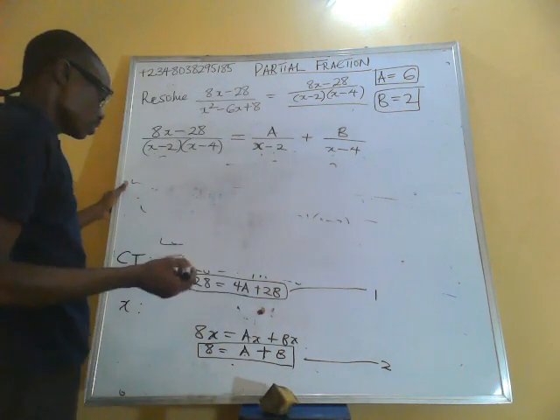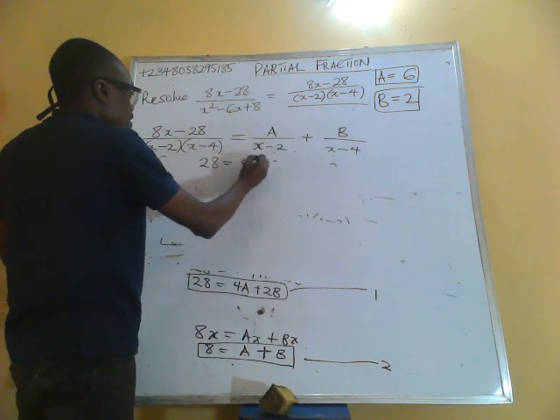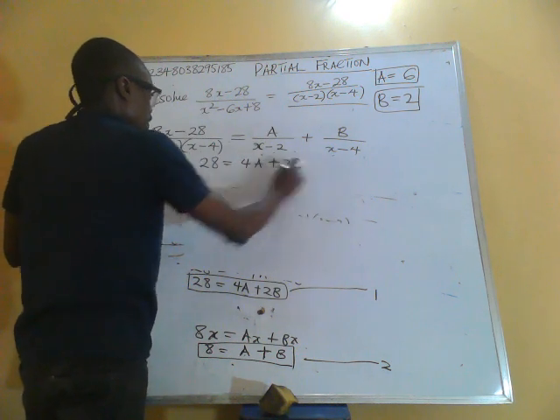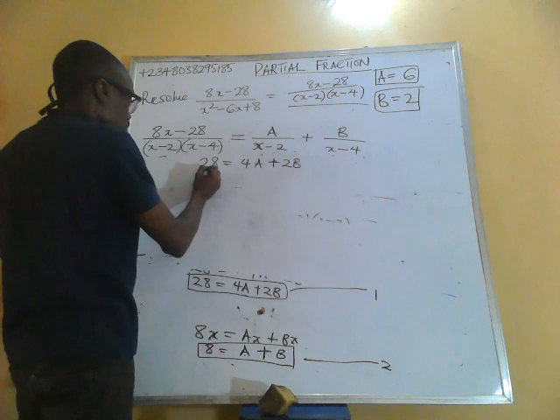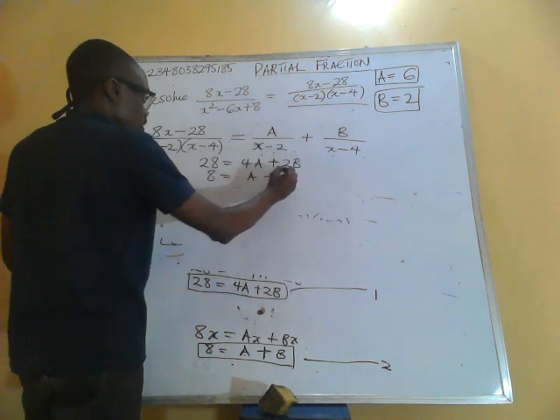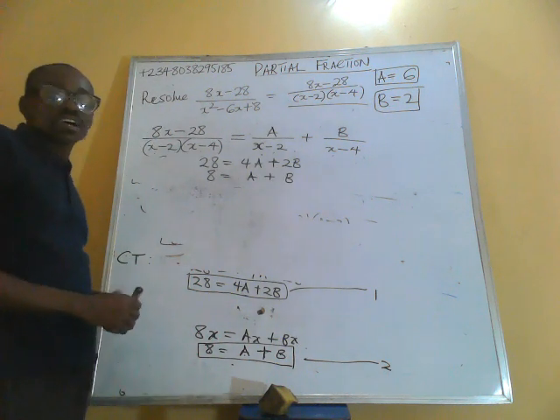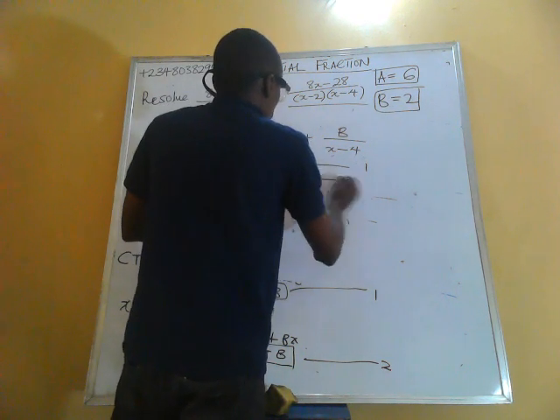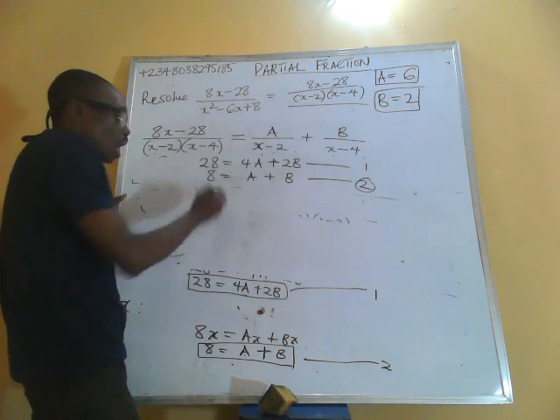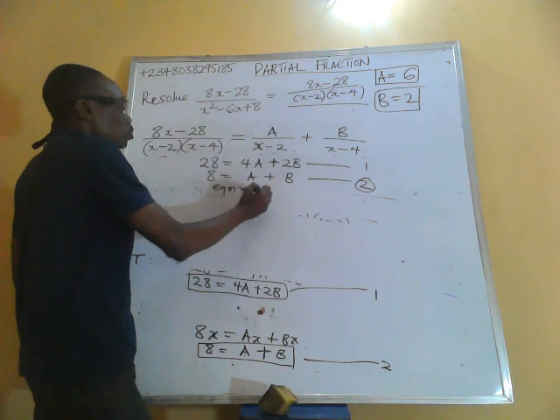So we have equation 1 is 28 equals to 4a plus 2b, while equation 2 is that 8 is equals to a plus b. From equation 2, I'm going to multiply equation 2 by 2.